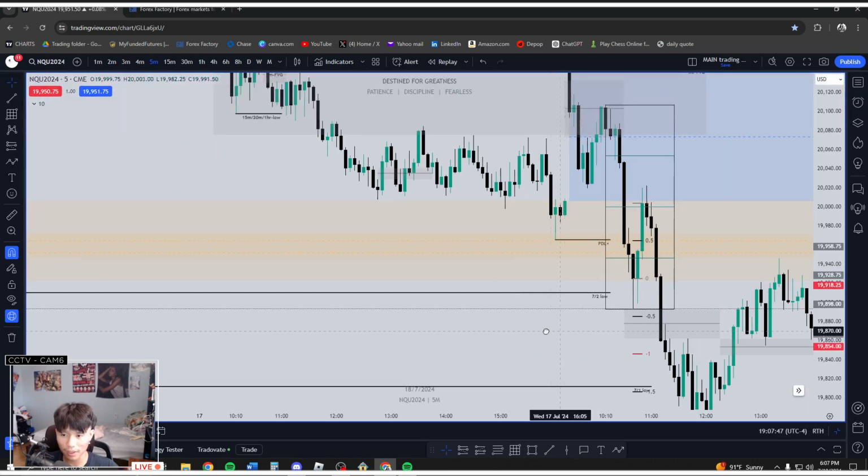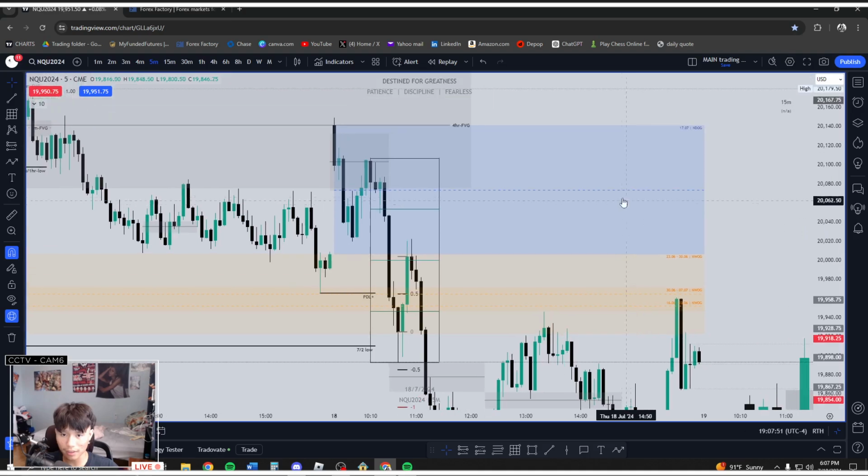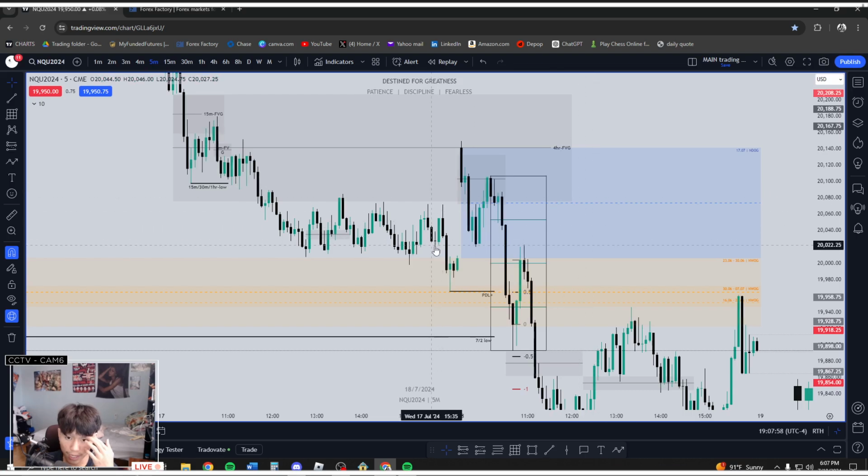And also note, whenever we do retrace, we retrace back inside the RTH gap. Whenever we are in a sell day, and let's say we gapped up, but on the daily time frame we're bearish, so we have a bearish bias coming into that day, but we gapped up.